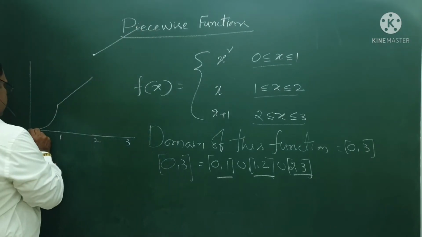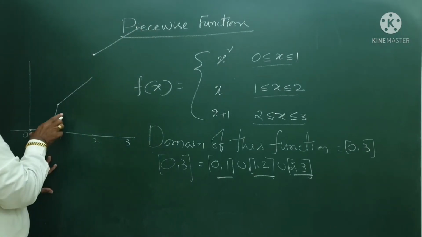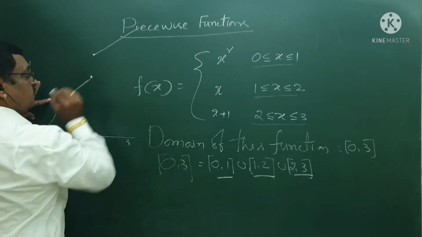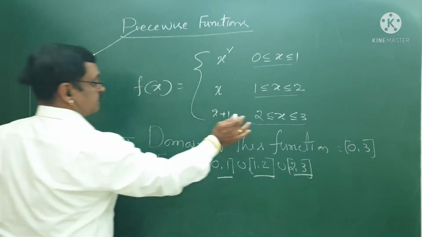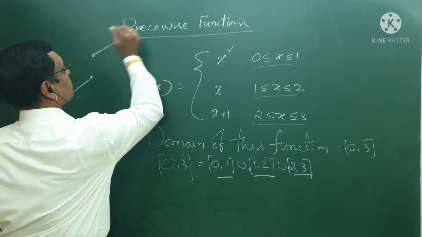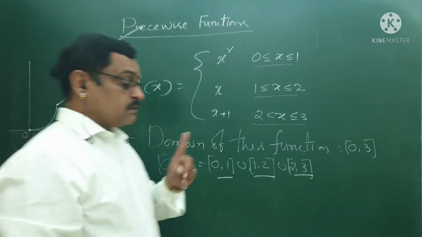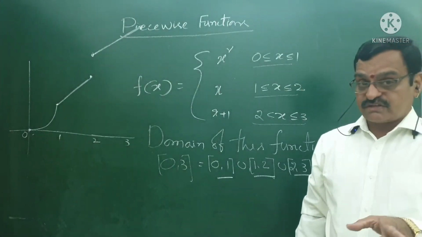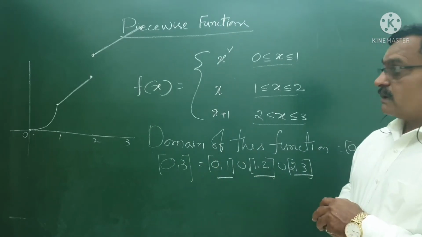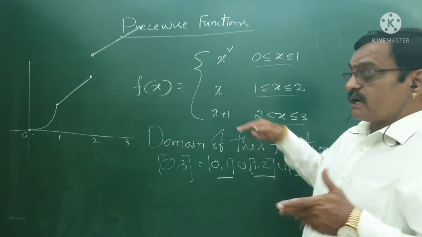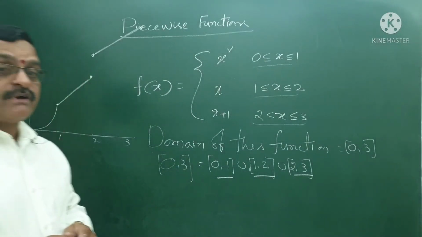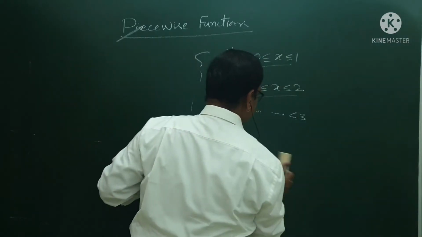So 0 to 1 has one shape, 1 to 2 another shape, and between 2 to 3 another shape. Here you can find the pieces in the domain, in the working rule, and in the graph. Such functions are called piecewise functions.